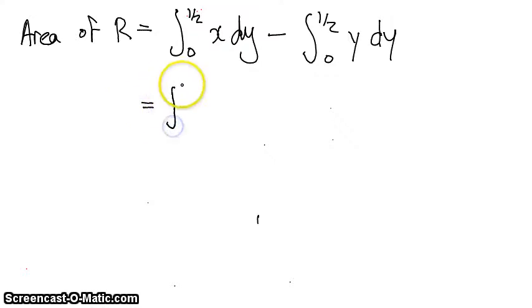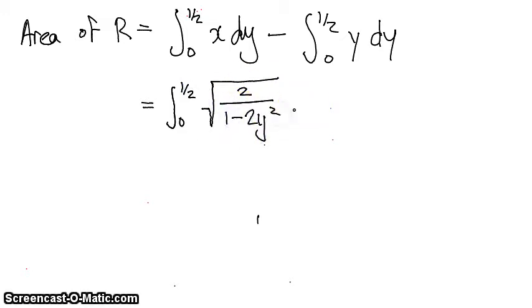So this is actually the integral from 0 to a half of the square root of 2 divided by 1 take 2y squared dy minus the integral from 0 to a half of y dy. Well, what's this?